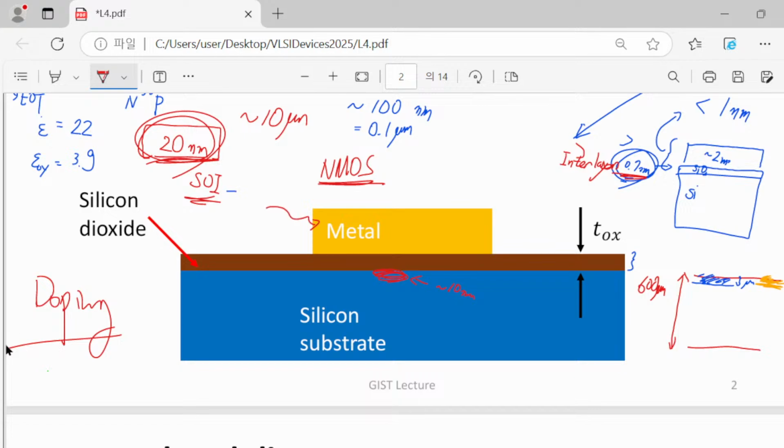So that is the main knob to change the threshold voltage. In these advanced nodes, the importance of doping is still important, but relatively lower than in planar MOSFET cases.